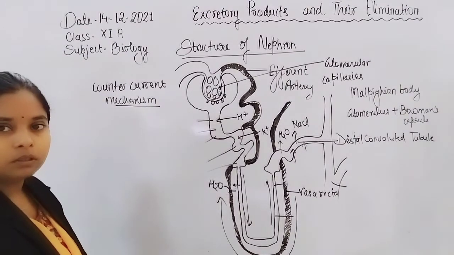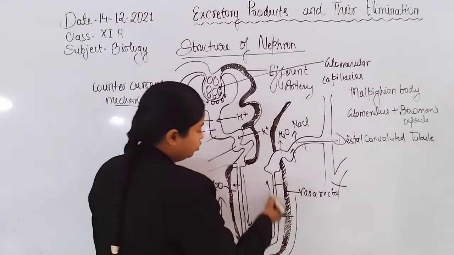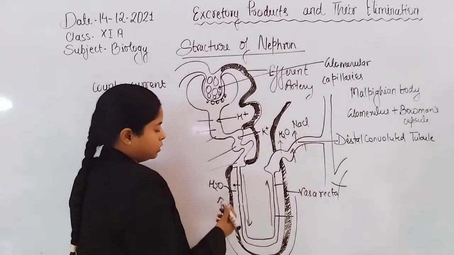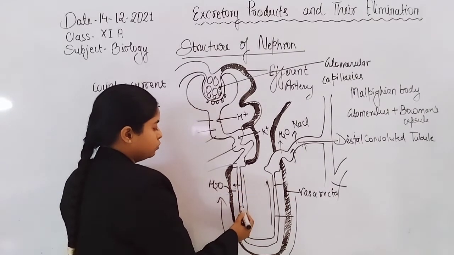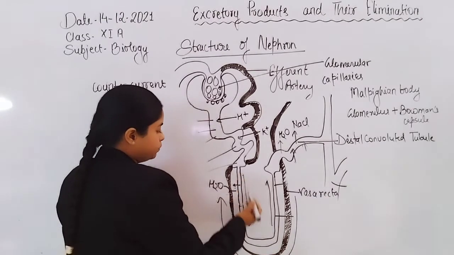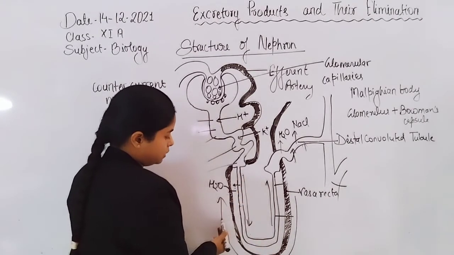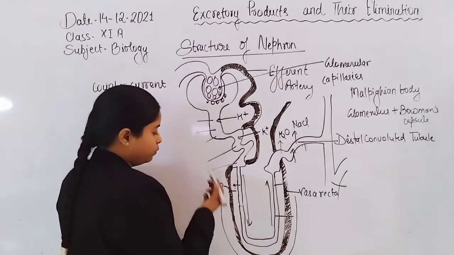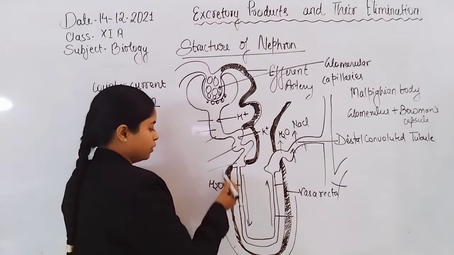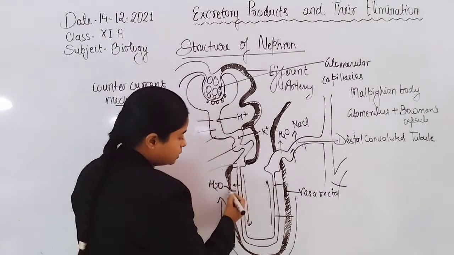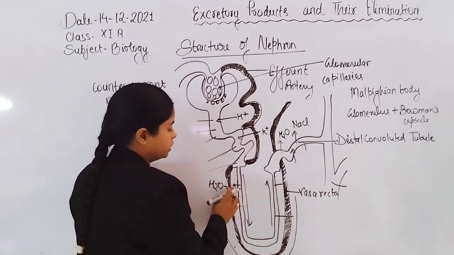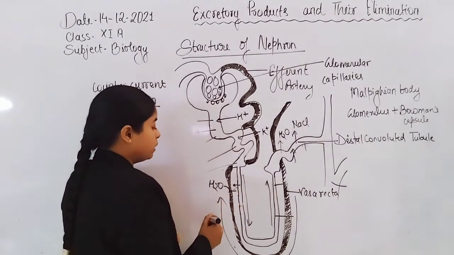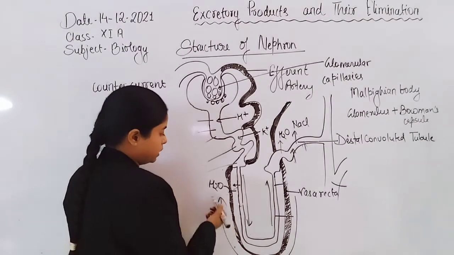The direction of fluid in the descending part of the loop of Henle is from up to down, so in the vasa recta the blood flows from down to upward, and here the reabsorption of water molecules takes place from the descending part of the loop of Henle into the vasa recta.